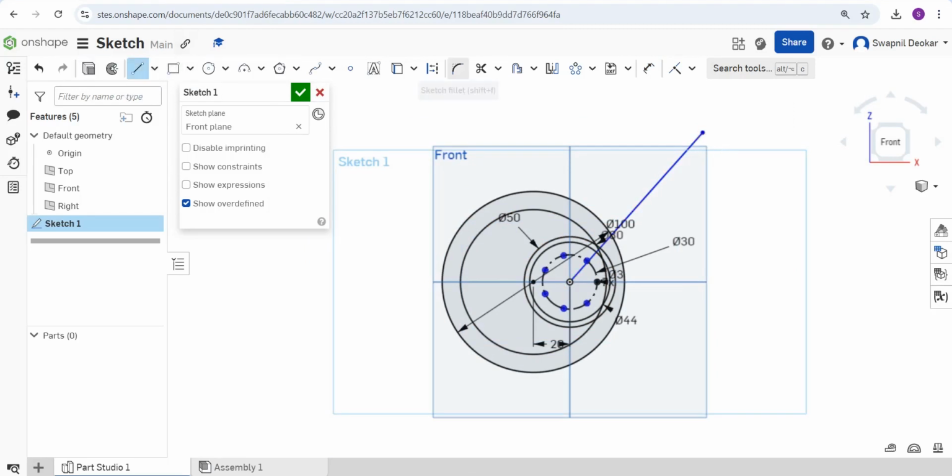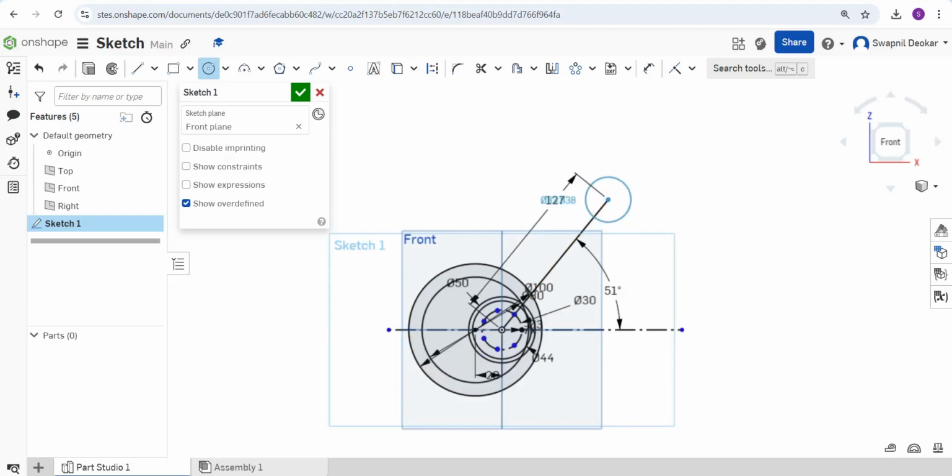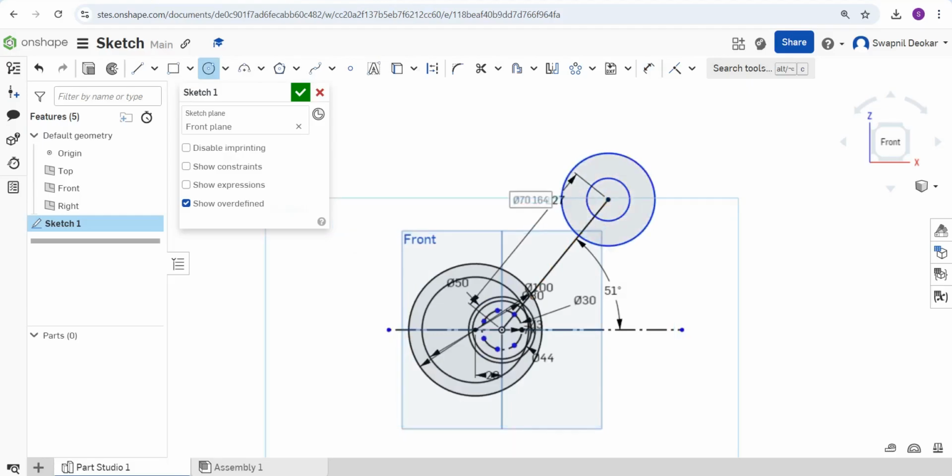We are going to draw the construction line in the center so that we can give the angle to this. So the angle was 51 degrees and the distance of this is 127, and there are two circles, 21 and 50. So its dimension is 21, its dimension is 50.